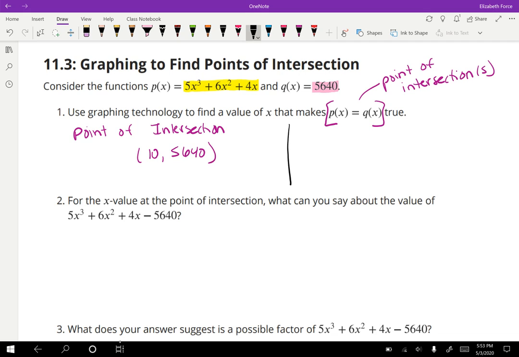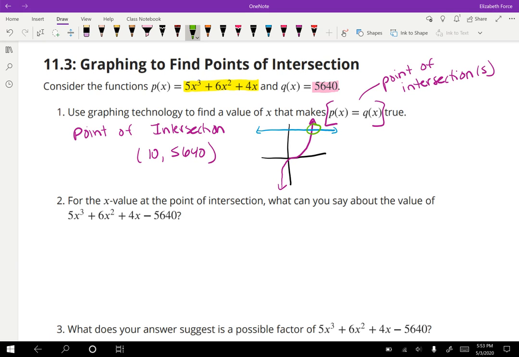And if we wanted to get that little visual again, p of x was doing something like that, and then q of x was all the way up there. And there's our point of intersection for them.